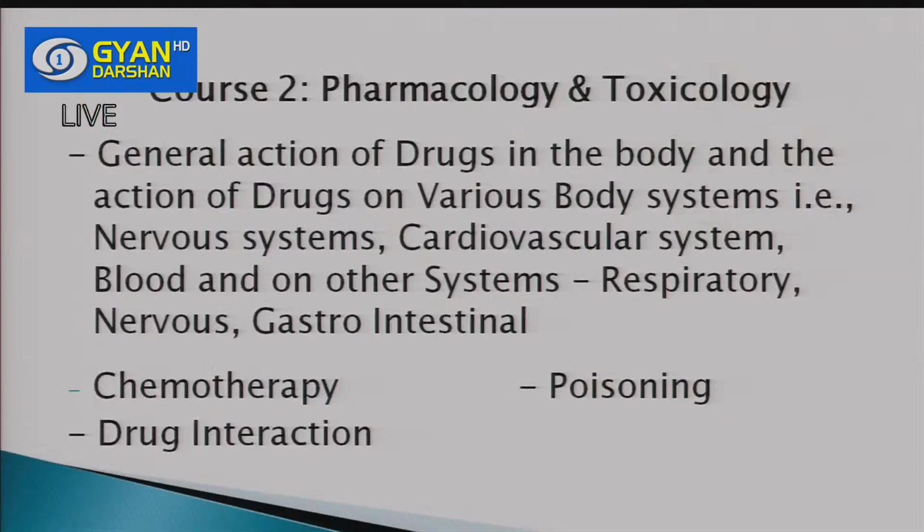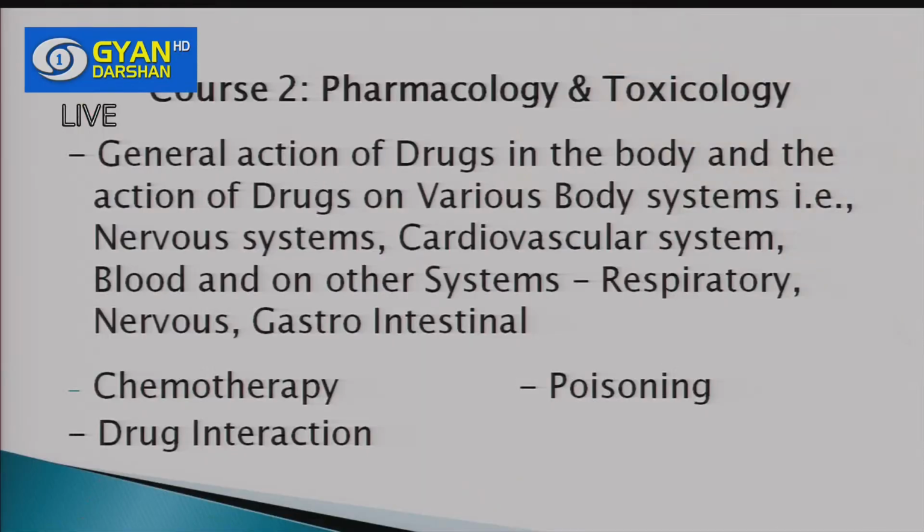The second course is a little more towards pharmacy, and it deals with pharmacology and toxicology. Here in this course, we explain the general action of drugs in the body. If we consume any drug, how that drug goes to the target point, whether it is targeted for a nerve disorder or a cardiac disorder.